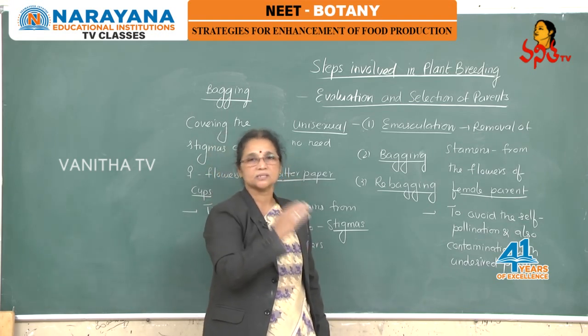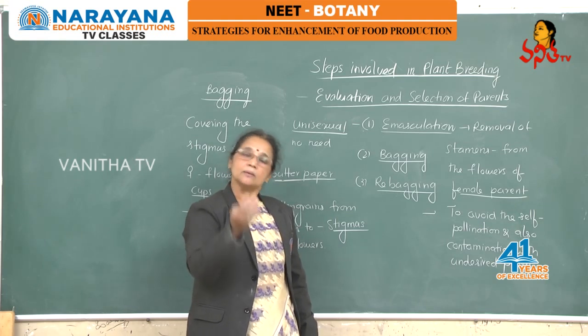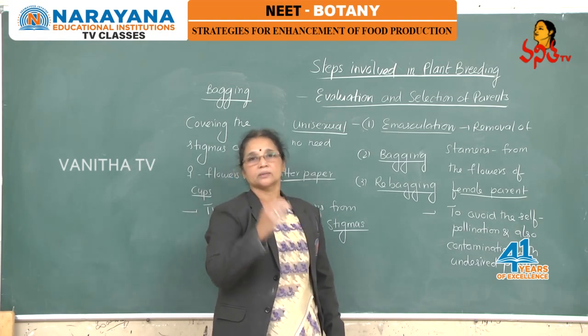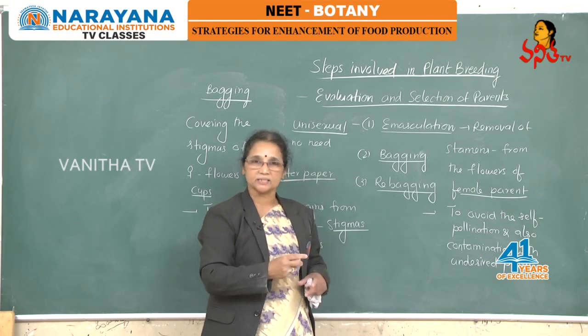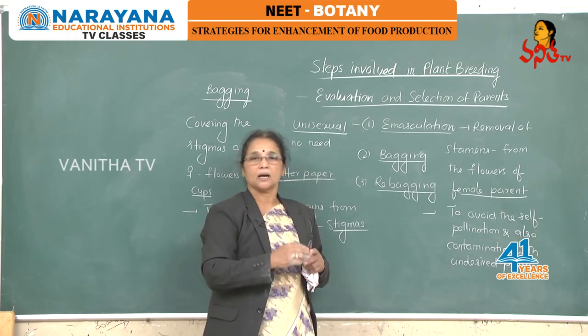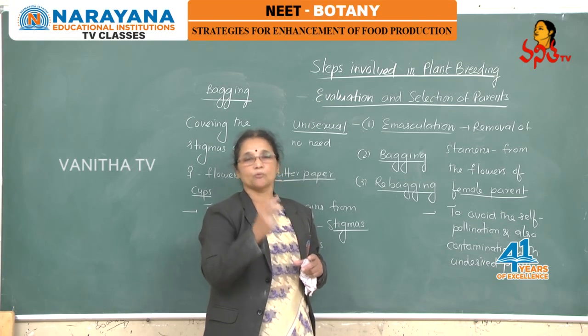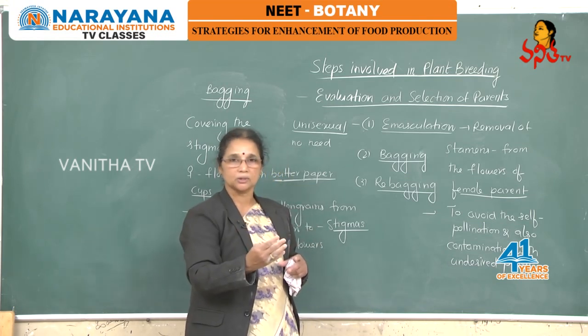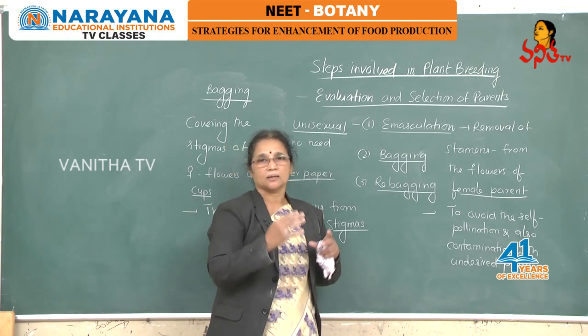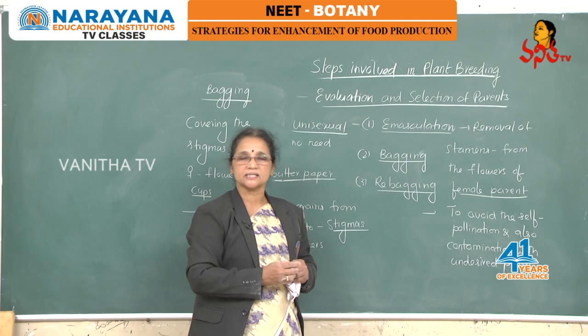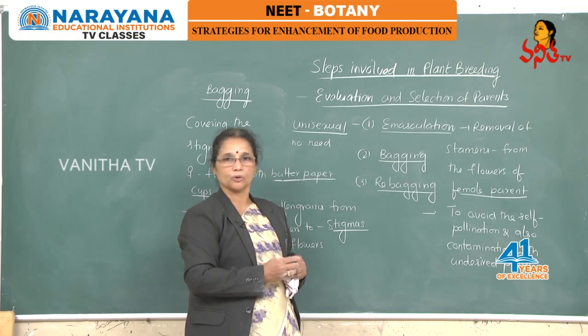So once this process is completed, pollination is over, and then it leads ultimately to fertilization, and we have to wait till the stigmas are completely developed and the ovary matures into fruit and the ovules convert into seed. And this is a complex and very tedious process in the plant breeding program.